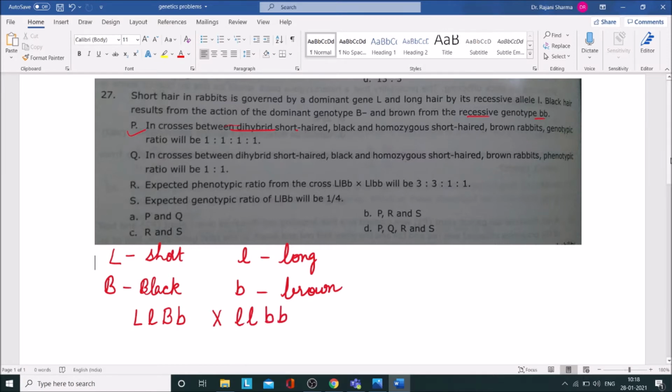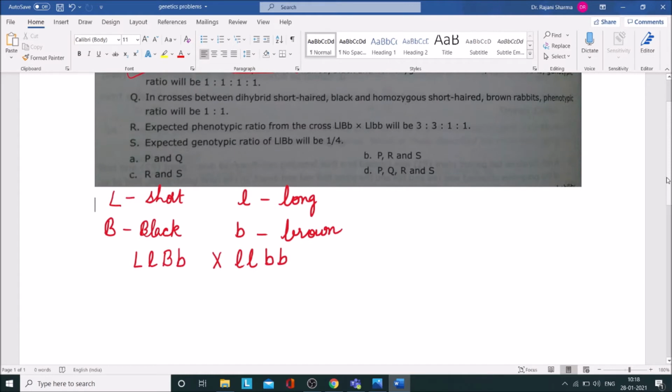So we all know that when we cross the hybrid with the recessive one, this is known as a test cross, and in this test cross we always have the ratio of 1:1:1:1. So definitely statement P is right.